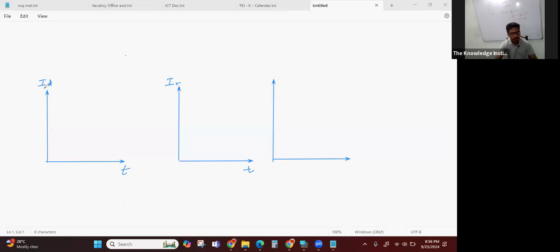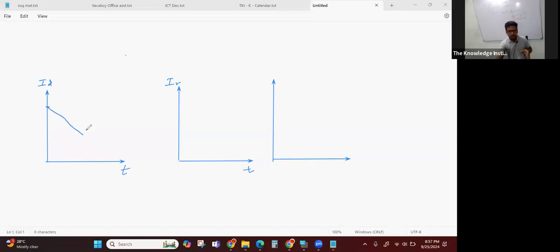Here, the diffusion current is initially large because the concentration gradient is maximum. Therefore the diffusion current ID starts with a maximum value and then gradually decreases as the diffusion occurs.